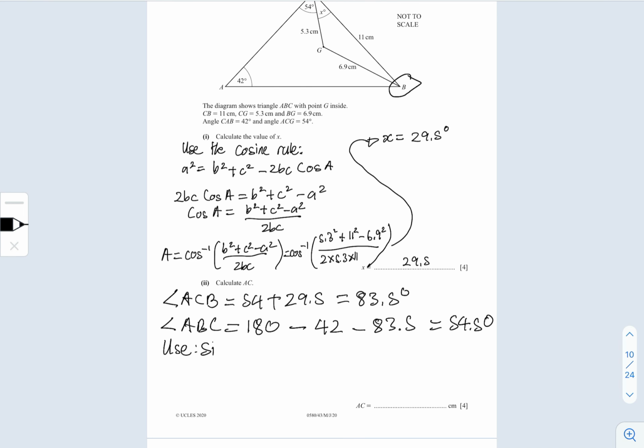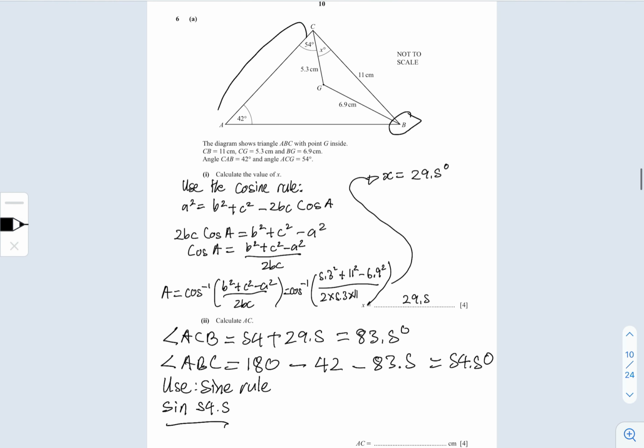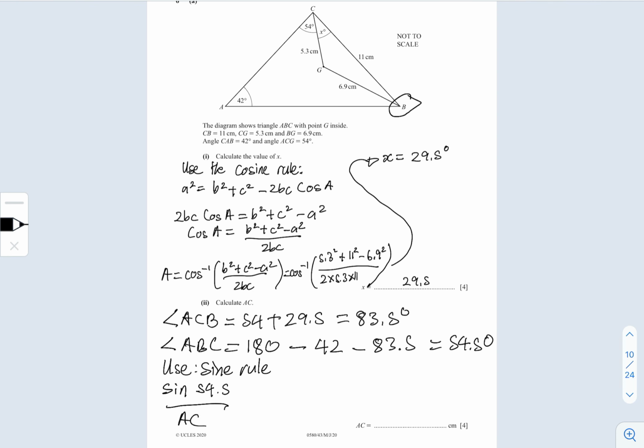Now that you know this angle, you can use the sine rule. The sine rule states that sine of angle ABC, which is 54.5 degrees, divided by the length AC, equals sine of another angle over its opposite length. Let's use CAB, which is 42, over its opposite length, which is 11.